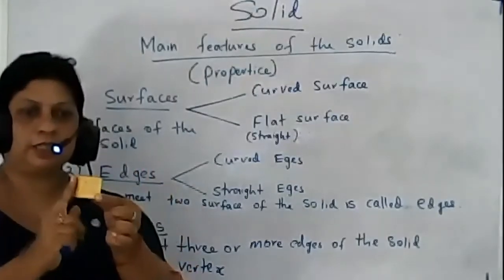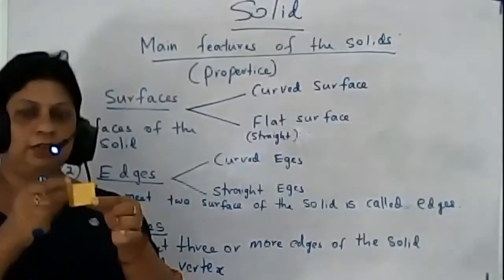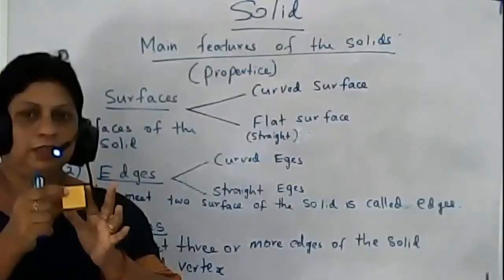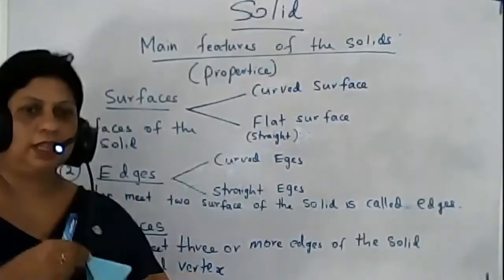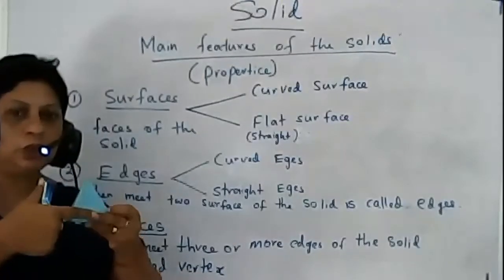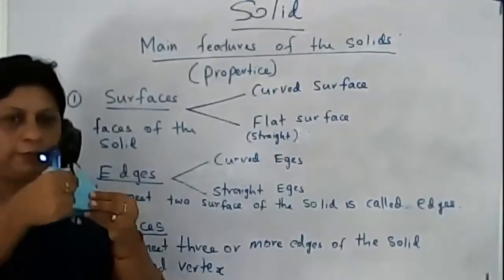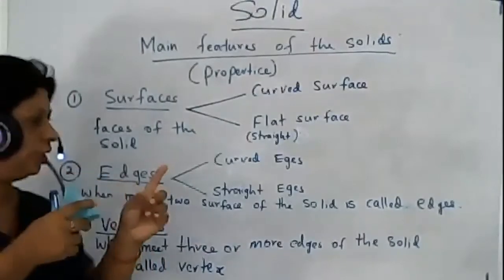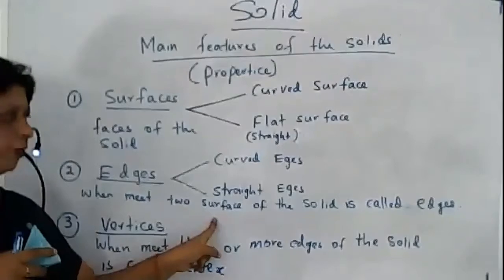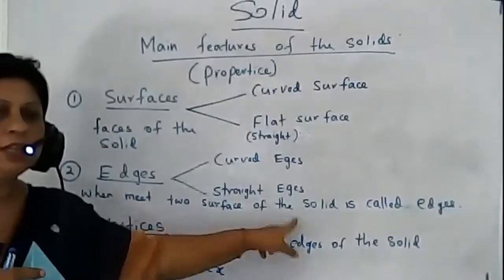These are the faces, right? What do you mean by edges? When two faces meet, they are joining, and these two made the edges. Now read that one. When two surfaces of the solid meet, it is called edges, right?